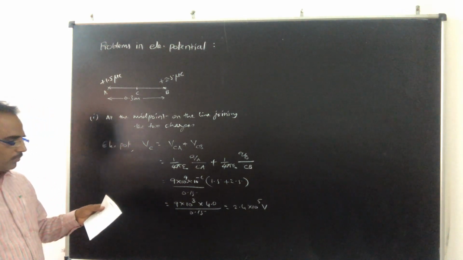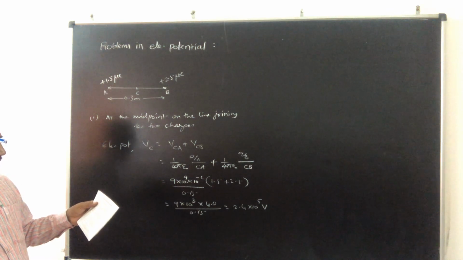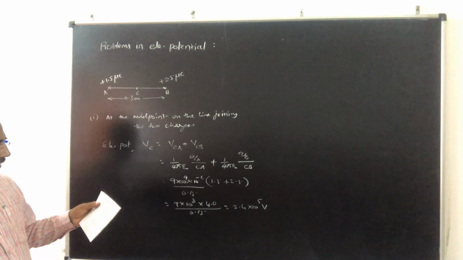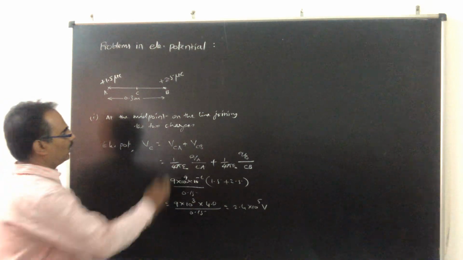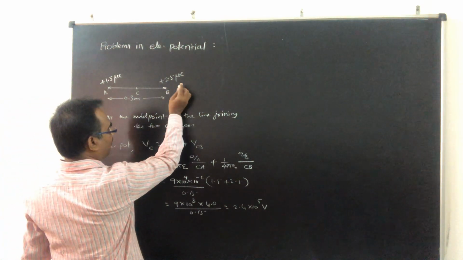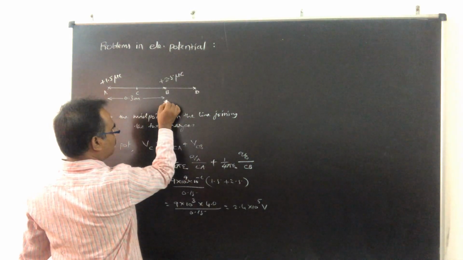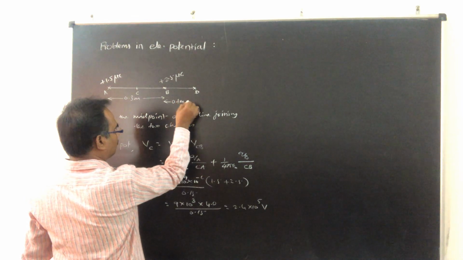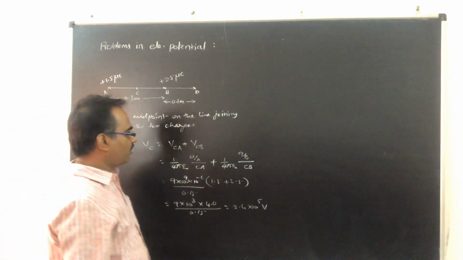In the second part of the problem, at a point 10 centimeter from 2.5 microcoulomb charge on the line passing through the charges, you are asked to find the potential. That means from this 2.5 microcoulomb charge at this distance 10 centimeter, that means 0.1 meter, you are asked to find the potential.